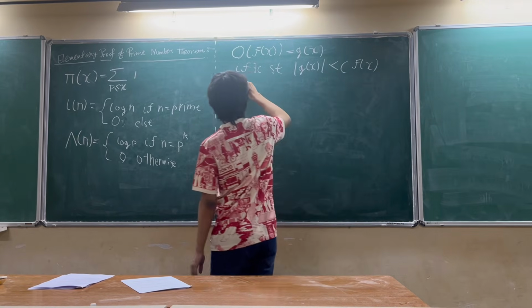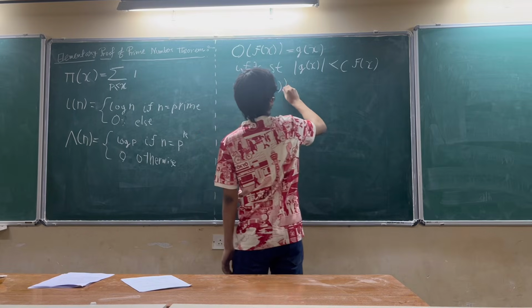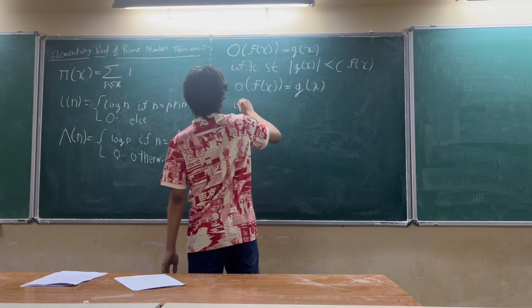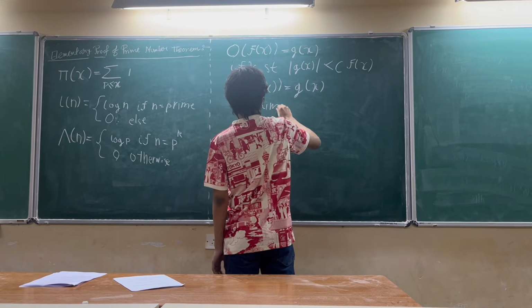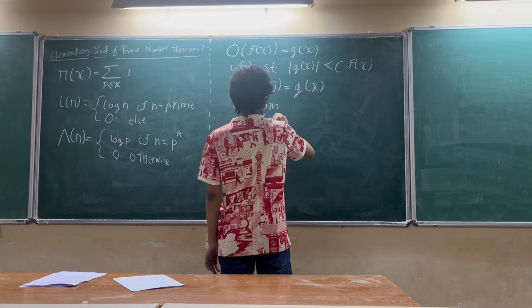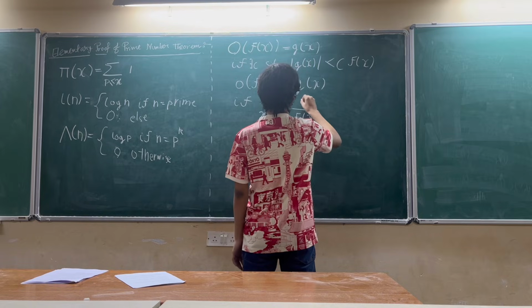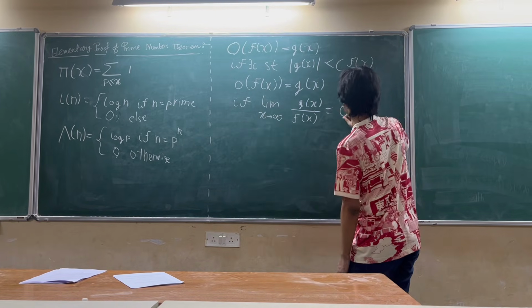We introduce small o: f of x equals o of g of x if, as x tending to infinity, the limit of f of x by g of x is equal to 0.